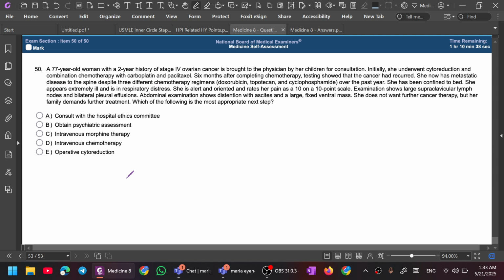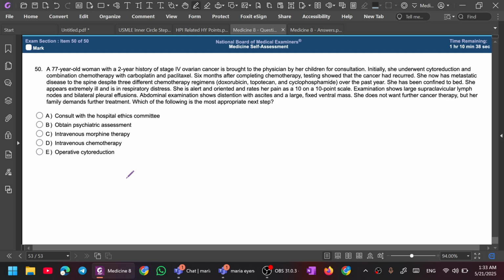A 77-year-old woman with a 2-year history of stage 4 ovarian cancer is brought to the physician by her children for consultation. Initially, she underwent cytoreduction and combination chemotherapy with carboplatin and paclitaxel.